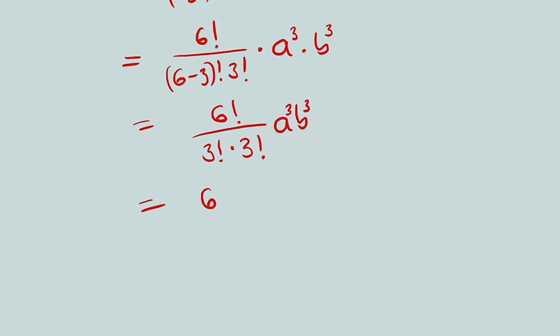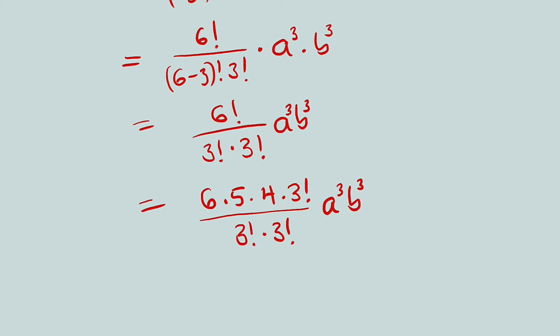This is equal to 6 times 5 times 4 times 3 factorial. I will stop here because I have 3 factorial down here. So from here, 3 factorial will cancel 3 factorial. And 3 factorial, remember, is 6.